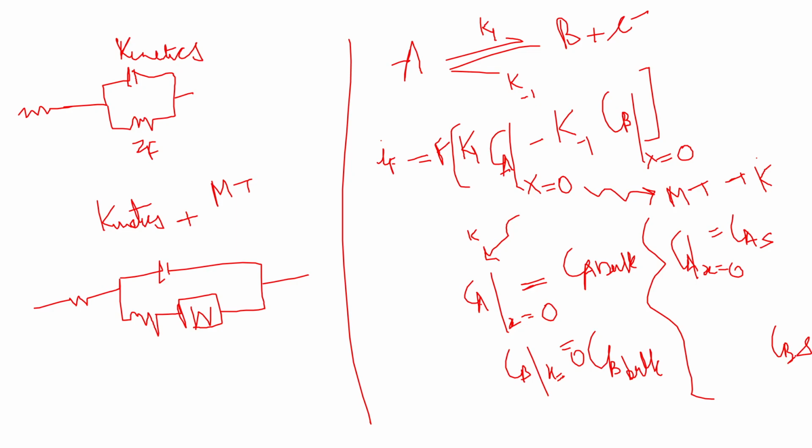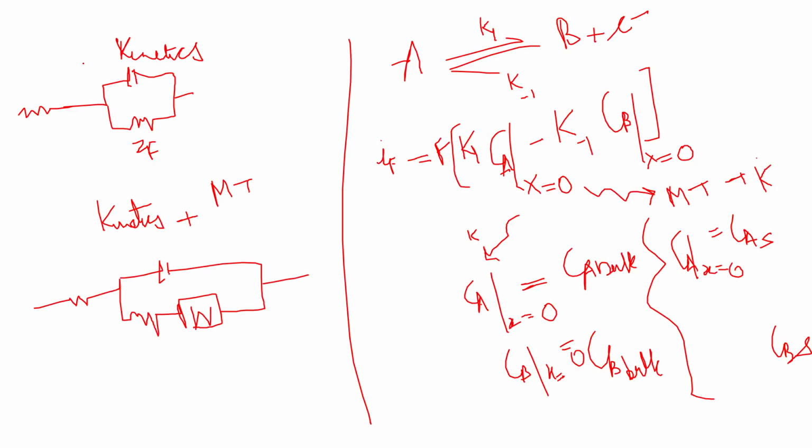Okay, so for the first equation, for that reaction, Ca at x equal to 0 is not equal to Cas. Cas corresponds to the concentration of A at the surface. Bulk is the one away from the boundary layer, the concentration of the solution. But once the reaction occurs at the electrode-electrolyte interface, Cas will be different from Ca bulk.